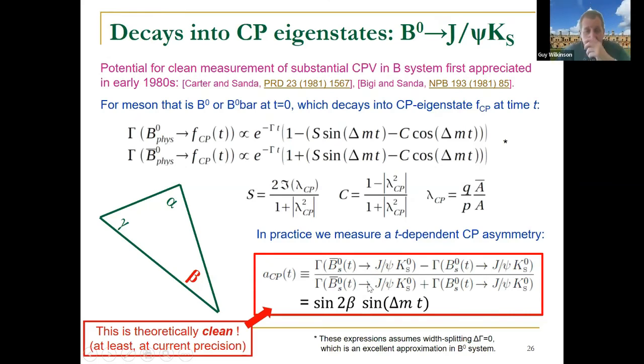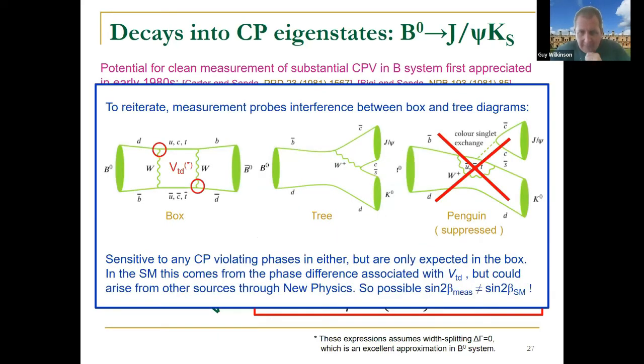What's very nice is that this asymmetry, this observable, is theoretically clean, at least at the current precision. The hadronic effects are very subdominant. I hope you've already heard that from Kareem. Just to reiterate one point, what we're really looking at here is this interference between the box diagram and the tree diagram, these two decay paths, the mixing and the direct decay.